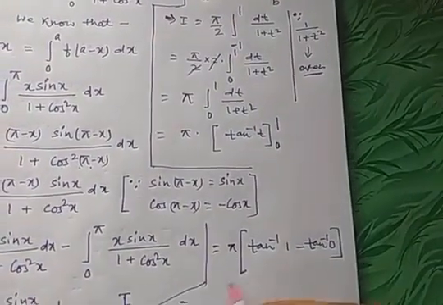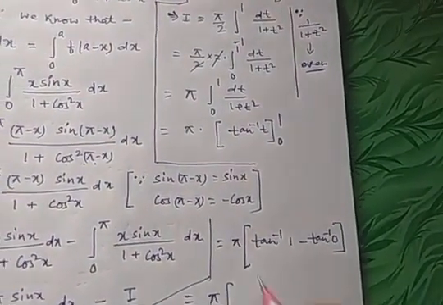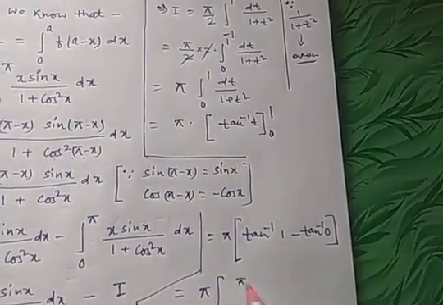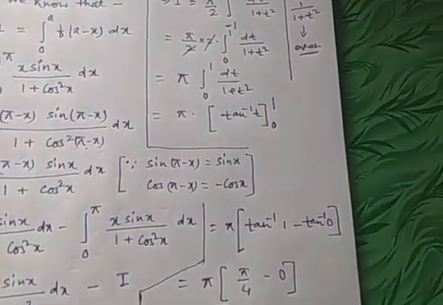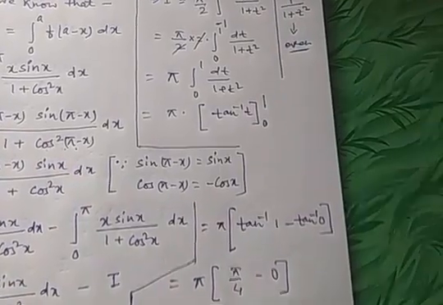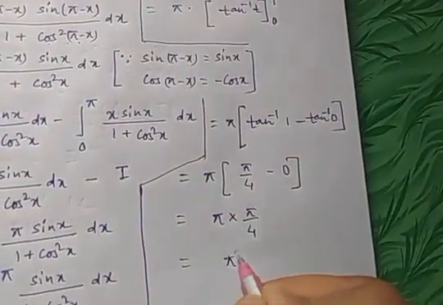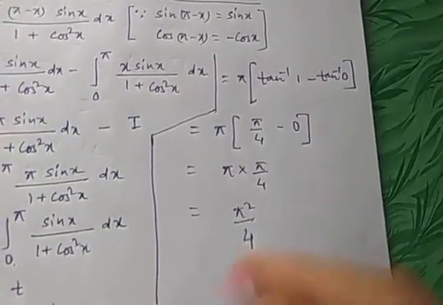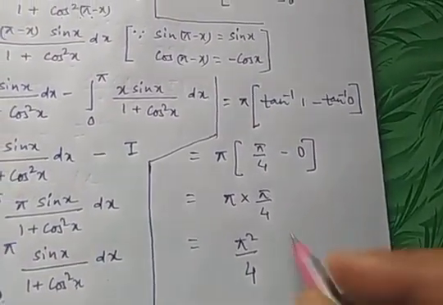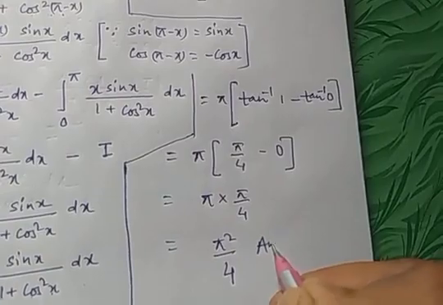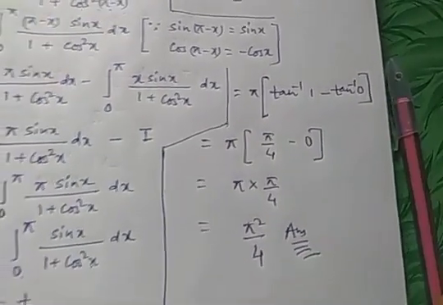This is equal to pi into tan inverse 1, that means pi by 4, minus 0, equal to pi into pi by 4, which is equal to pi square by 4, the required value of this integral. Okay, thank you so much.